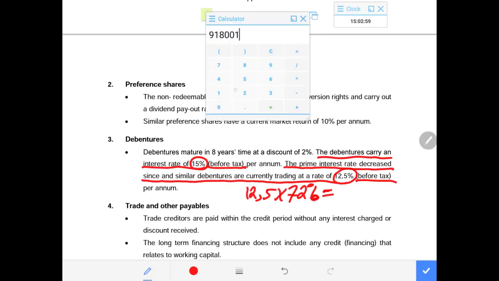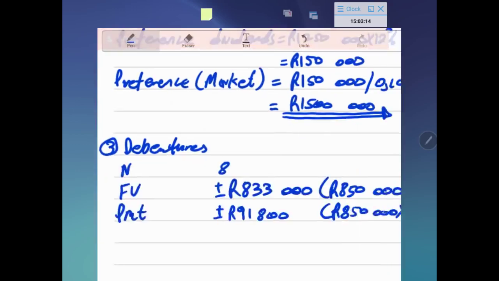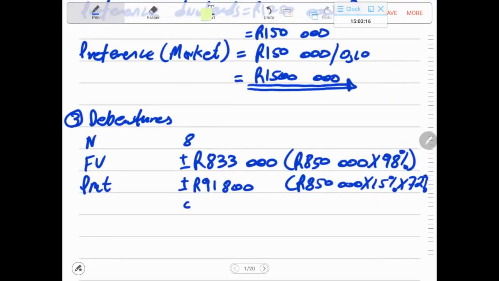We multiply this by 0.72 after 28% has been removed. So now meaning our rate will be exactly 9%. This is our interest according to the market, which was 12.5%, times this by 72%.